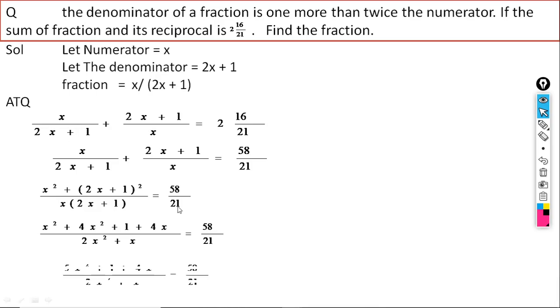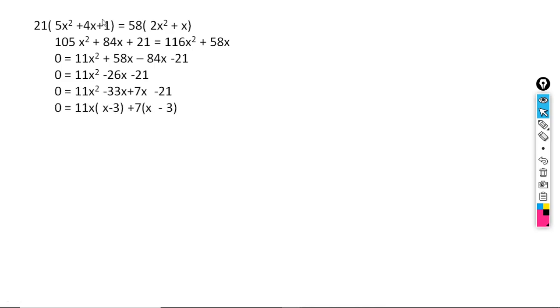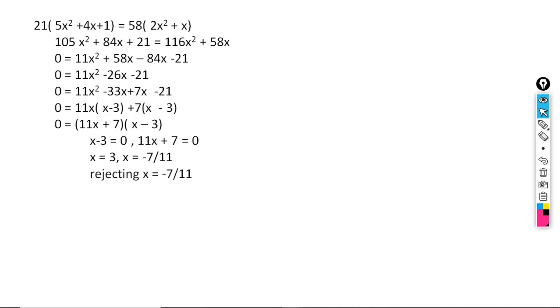Expanding them all, and after doing cross multiplication, we get a quadratic equation in the standard form: 11x square minus 26x minus 21. Here the possible factors are 33 and 7. 11x common, x minus 3, plus 7 times x minus 3, getting the value of x as 3 and minus 7 upon 11. So we reject x equals minus 7 upon 11.